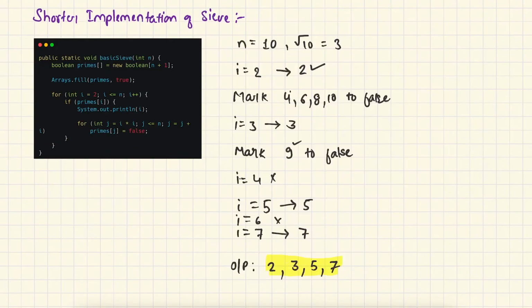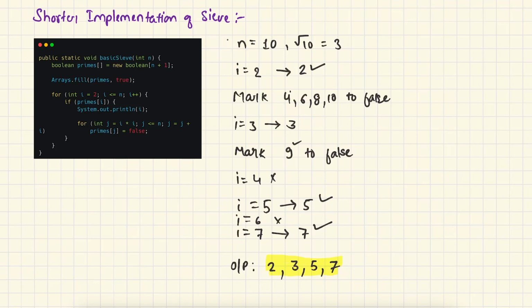In the next iteration our i becomes 5 and it checks if 5 is prime or not. 5 is prime, so 5 gets printed on the screen. We run a loop from 5 into 5, 25, till n and mark all the composite numbers or multiples of 5 as false, right? So in the next iteration i becomes 6, nothing happens, and then i becomes 7, and 7 is also a prime number, so 7 gets printed on the screen.